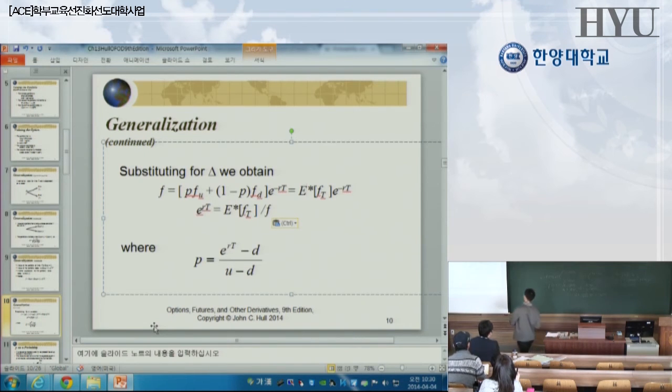My question is, when P becomes a negative number, just look at the equation, e to the RT minus D over U minus D. Where is the expectation? What do you mean by expectation? That's not expectation, that's the risk-free rate.